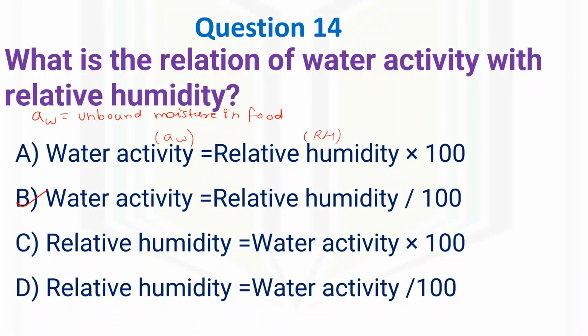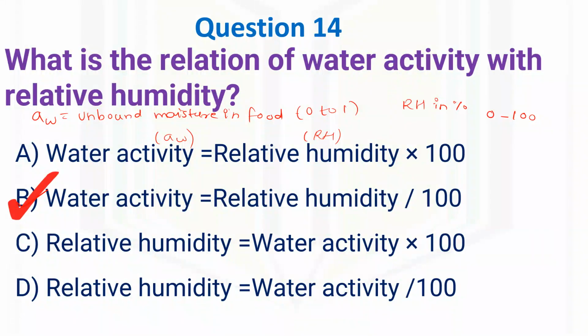So it is expressed as the percentage of maximum humidity at a given temperature. So the units are, the water activity is measured in the scale of 0 to 1, whereas the relative humidity is measured in percentage, and it ranges from 0 to 100.